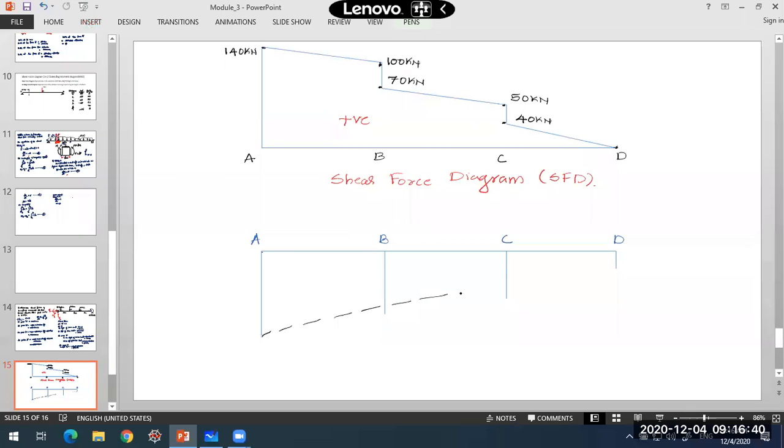You have to take a continuous line. So this is our variation in the bending moment.